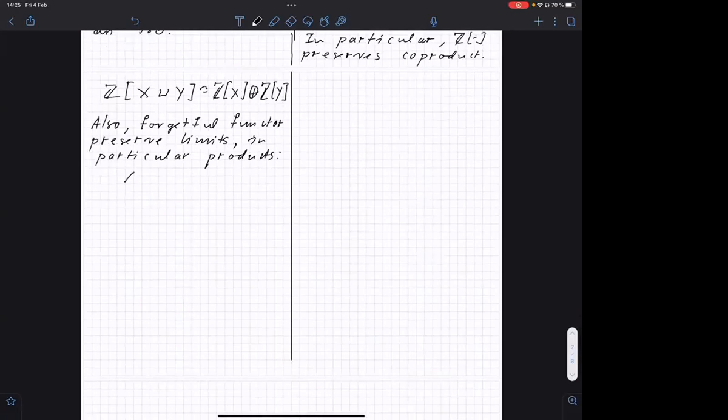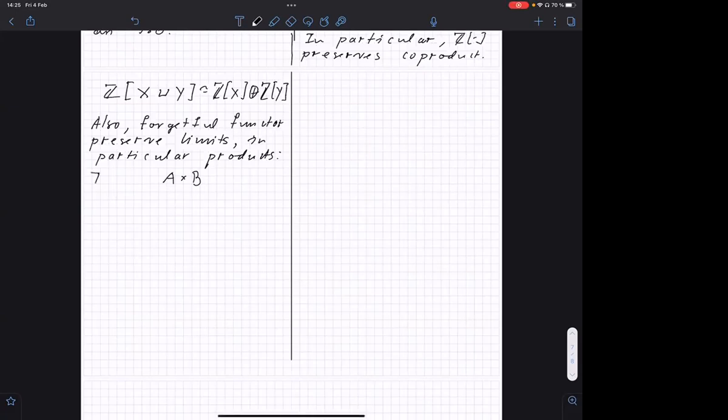So if I had two abelian groups and I formed their product, the underlying set is just the product of sets. And that's something you know from algebra. If you want to form the direct product of two groups, in particular abelian groups, you take the underlying product of sets and then you define a multiplication on it. Or in this case, an addition because it's abelian.